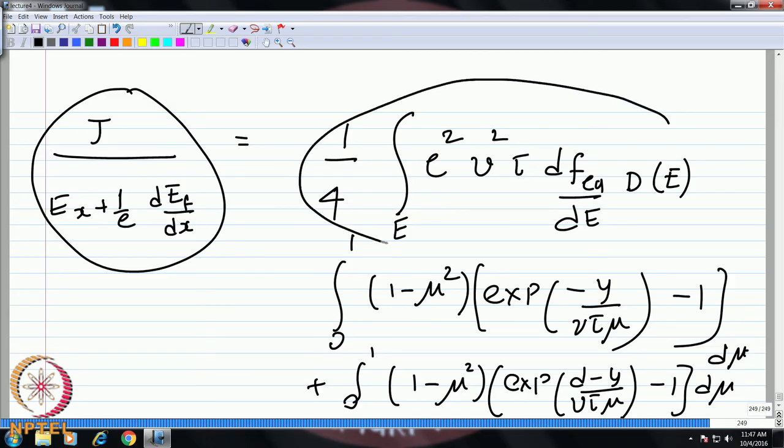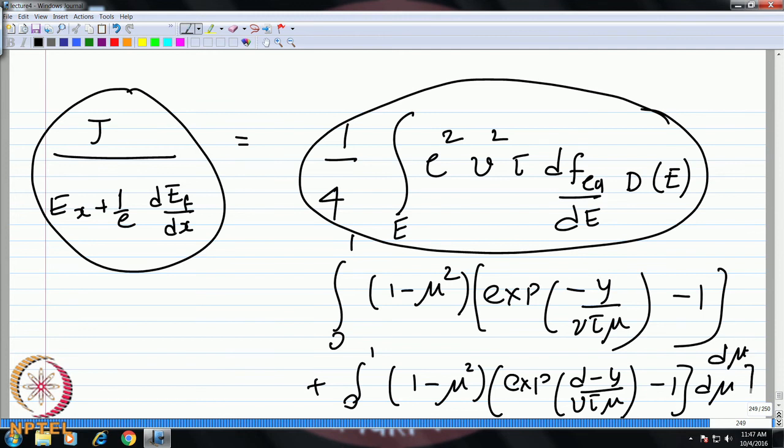Which term is it? This term, right? So now, therefore, if you look at it apart from that, we also have these additional terms which are nothing but the size effect terms.